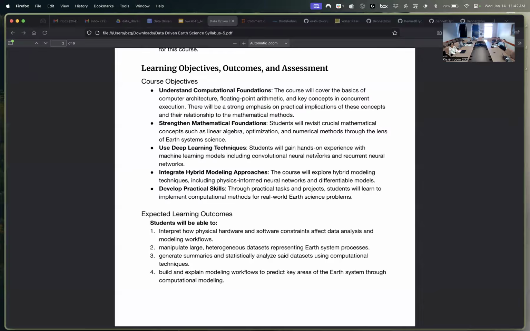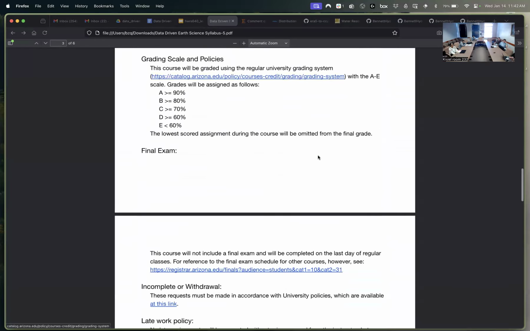Then we'll talk a lot about deep learning techniques and hybrid modeling. And the last piece is practical skills: I can tell you how to develop a model, but how do you use it? Those are the core pieces.